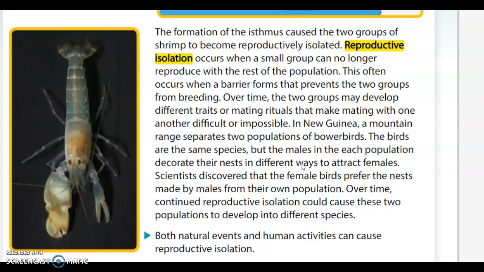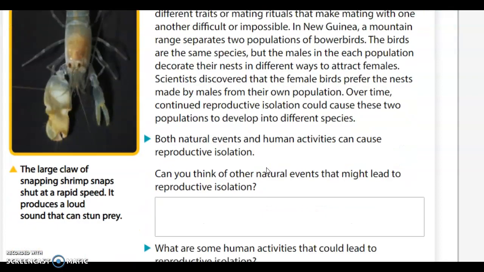Reproductive isolation is caused by both natural and human activities. It can be due to activities done by us, or naturally occurring events like a forest fire, an earthquake or a landslide. All these can give way to reproductive isolation.